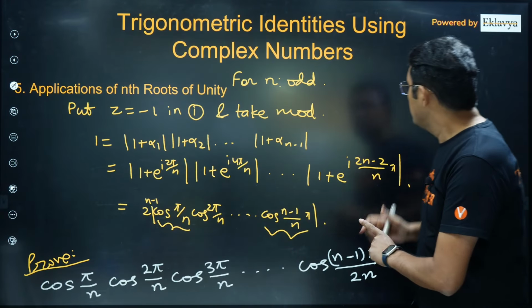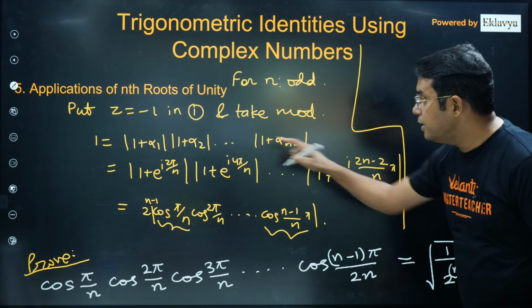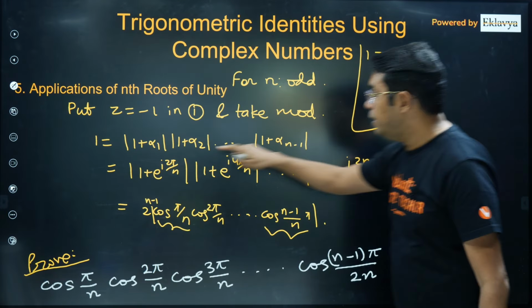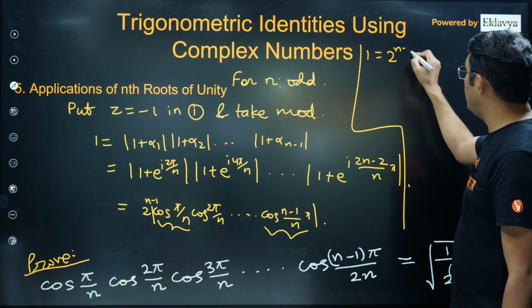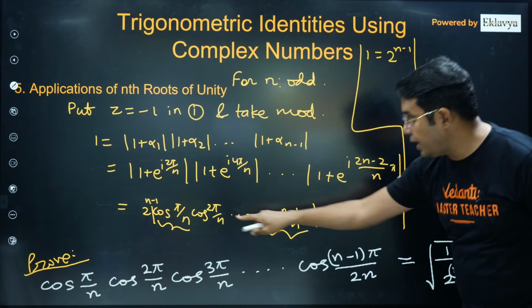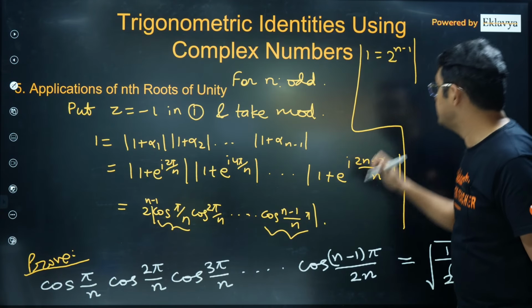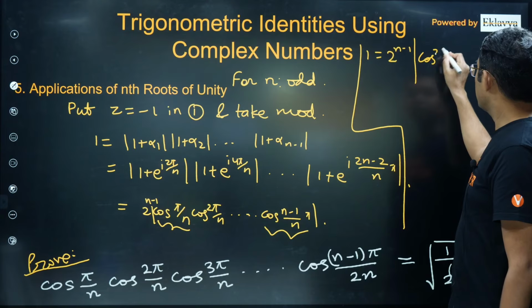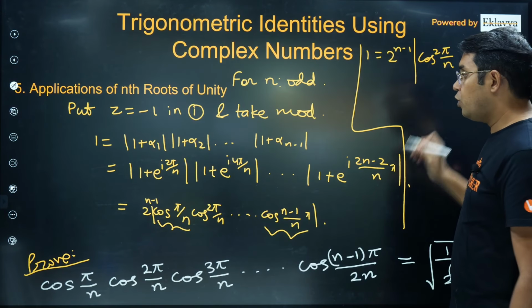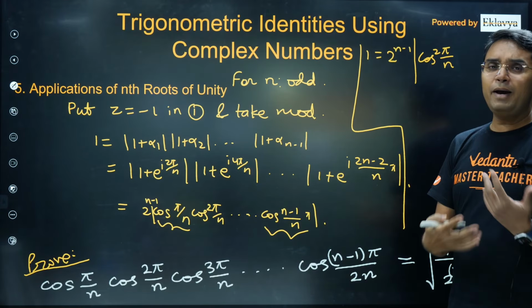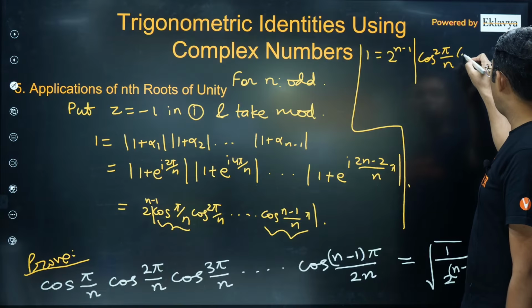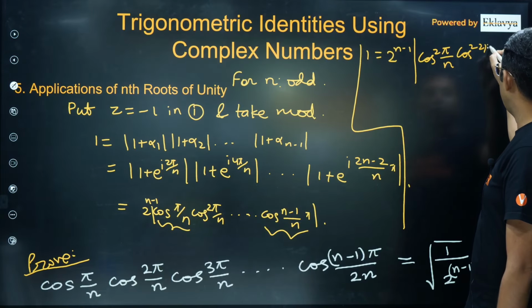Magnitude will be the same. So what I can do, I can write the one which we obtained here as 2 raised to the power n minus 1, and inside the mod sign I can write the square of this, because the last term is actually the same as cos pi by n, only differing by a minus sign, but because of mod that minus sign will go. And similarly cos square 2 pi by n, and so on.